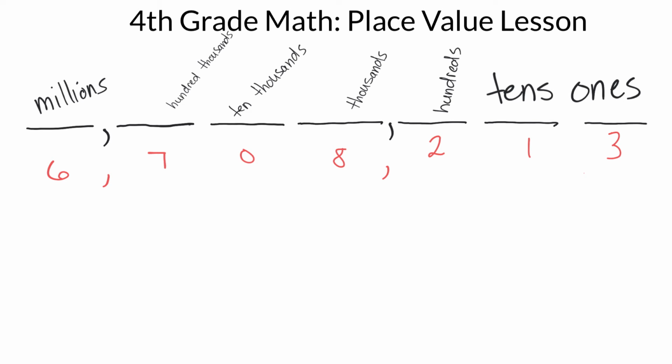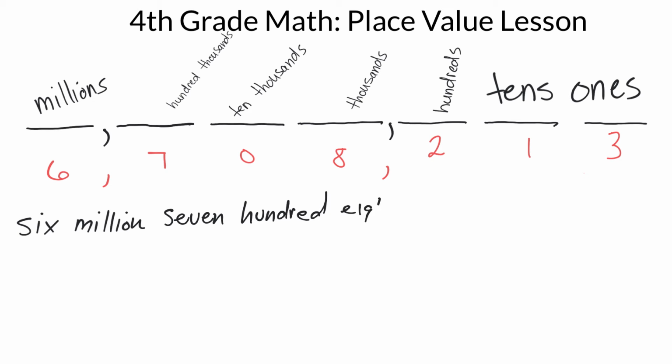So 6 million, so we have 6 million. Then how many thousands do we have? Well, we have 708,000. So that would be 708,000.